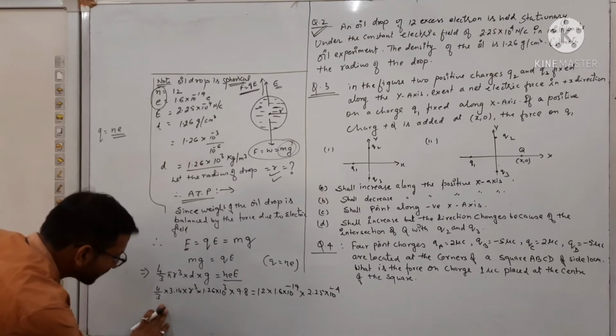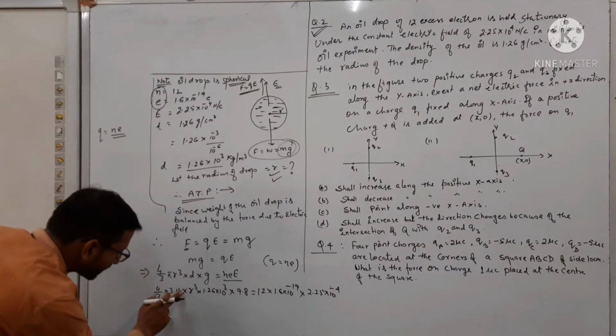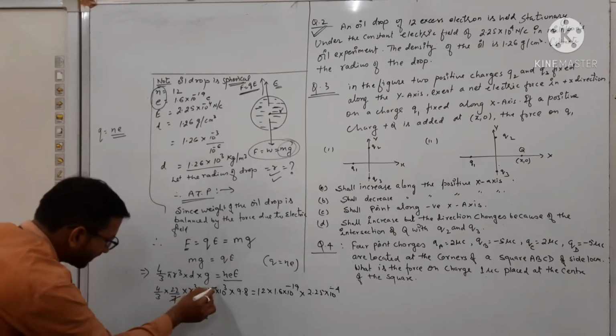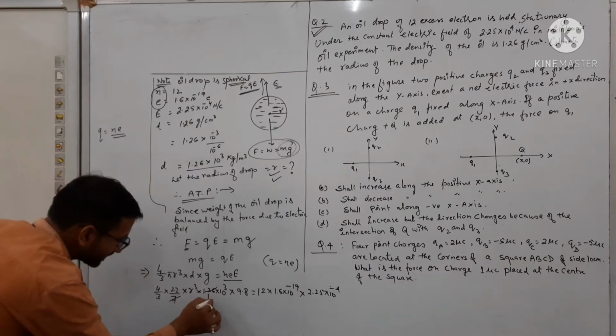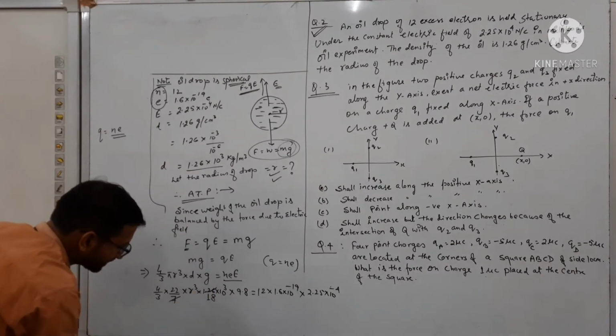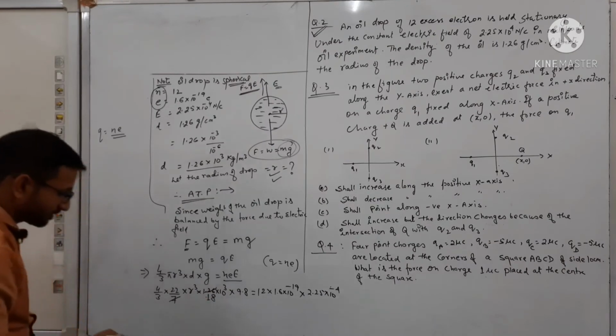So from this calculation, if I substitute here 22 by 7, see, something will cancel out. 7 1 ja 7, 7 8 ja 56, and I will write this decimal here.